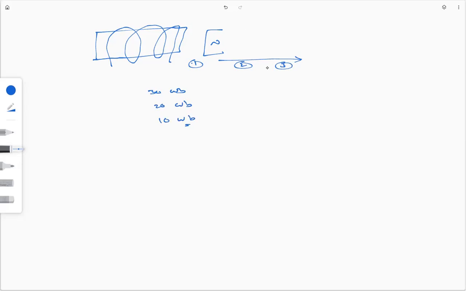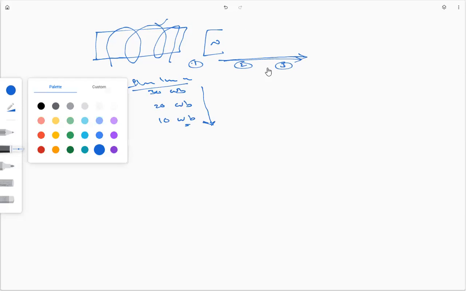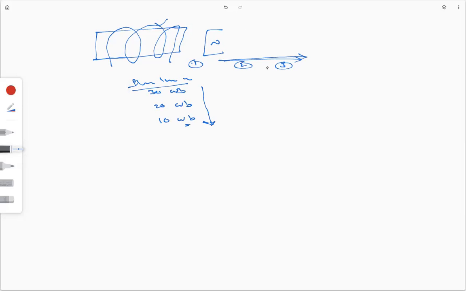Therefore, when I am moving this magnet from position 1 to position 3, what is happening? The flux linking to the coil is going on decreasing. Therefore, it will oppose definitely. What will it oppose? If there is an increase, it opposes with a decrease; if there is a decrease, it opposes with an increase.